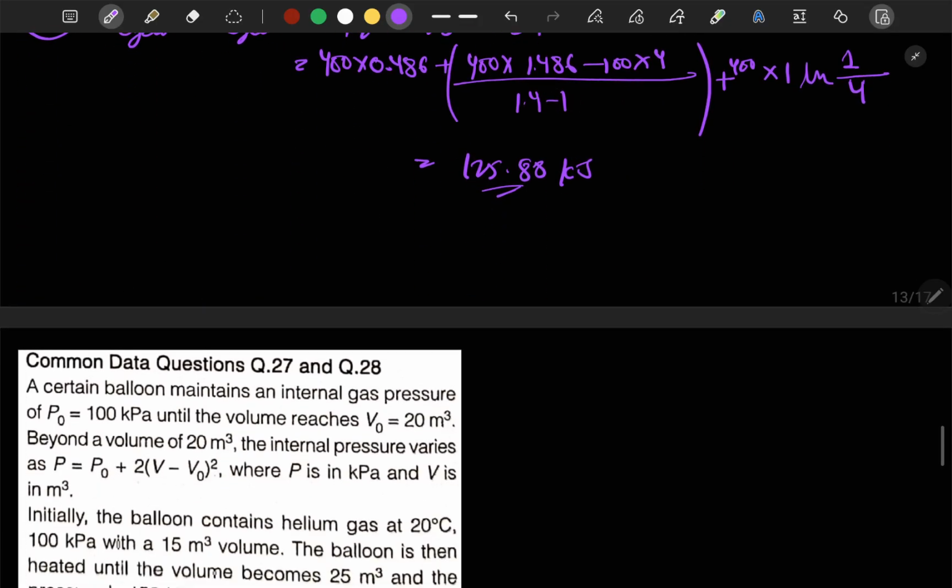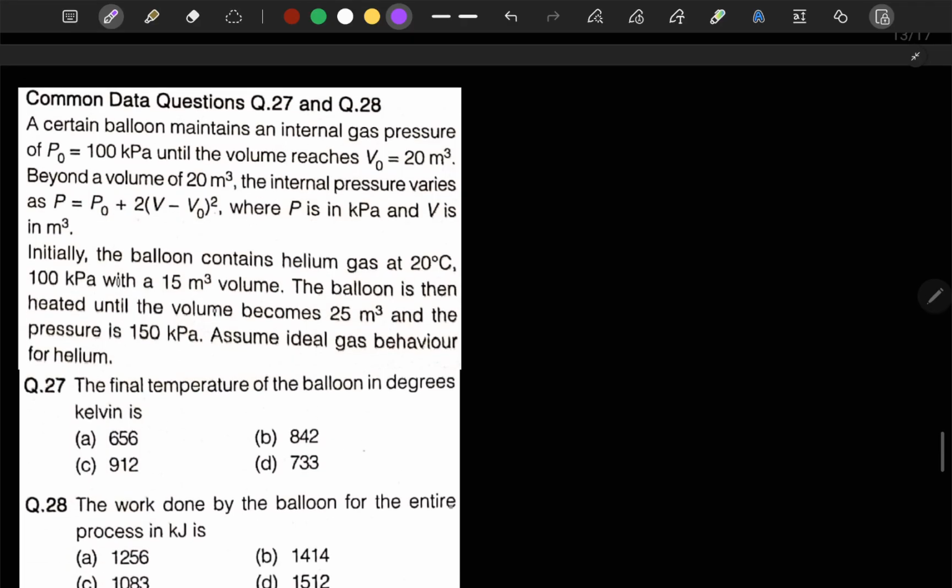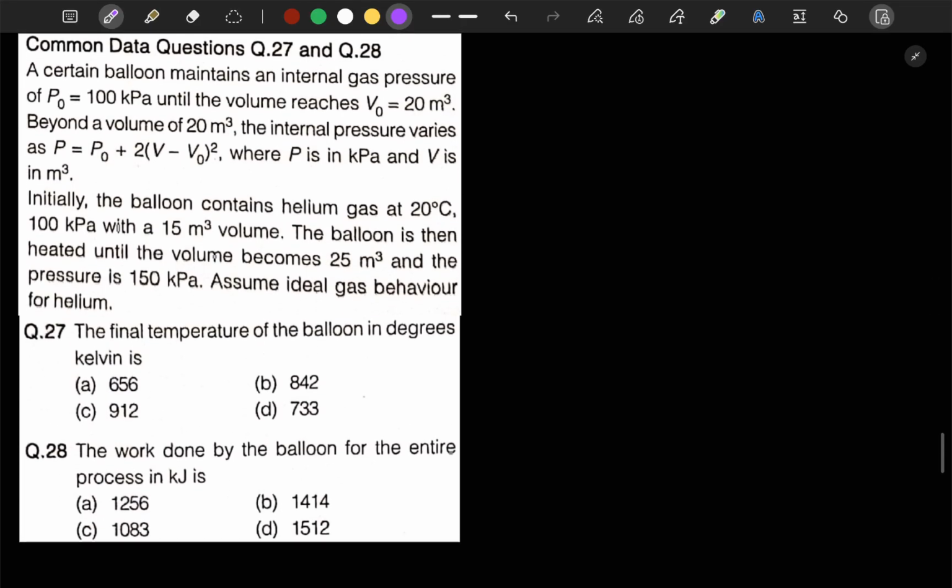Okay, we will be moving to next question. Next question is again a linked question, number 27 and 28. It is asked that a certain balloon maintains an internal gas pressure of P naught equal to 100 kilopascal until the volume reaches 20 meter cube.